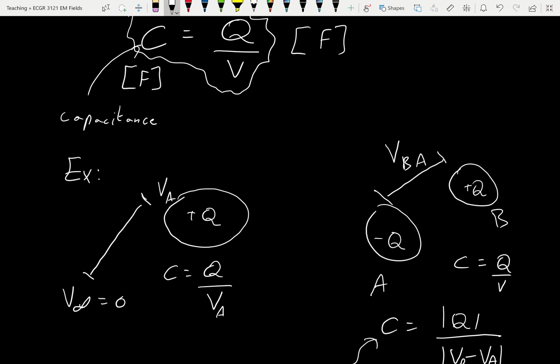But this implies that within each of the components of the object, component 1 and component 2, the voltage is equal. So the voltage is the same on object 1 and the voltage is the same on object 2, it doesn't change. So this implies that those objects are conductors.